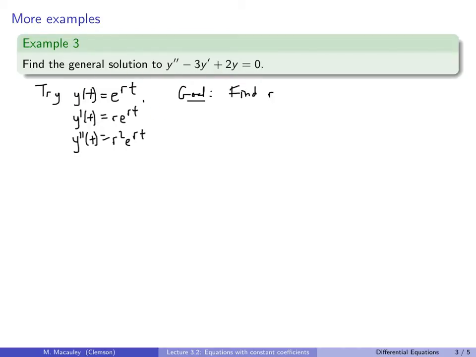So each one of these terms, y double prime, negative 3y prime, and 2y, is some number of e to the rt's. So if we plug this back in, we can factor out an e to the rt, and then we get some number of e to the rt's equals 0, so let's solve for that expression in r.